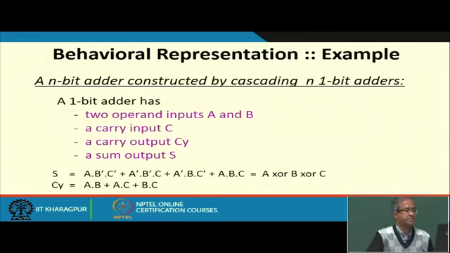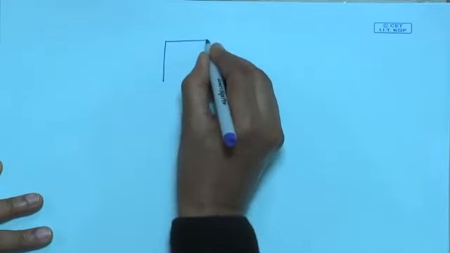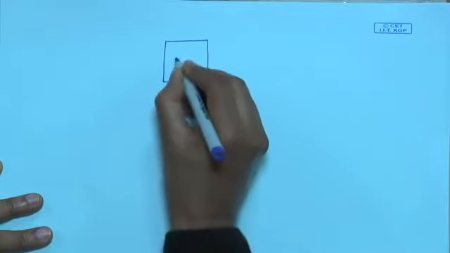Now, let us take some examples. Let us say we have an n bit adder which we are constructing by cascading n 1 bit adders. So, how do we do this? Let us first see. Let us say we have a full adder. So, how does a full adder work?